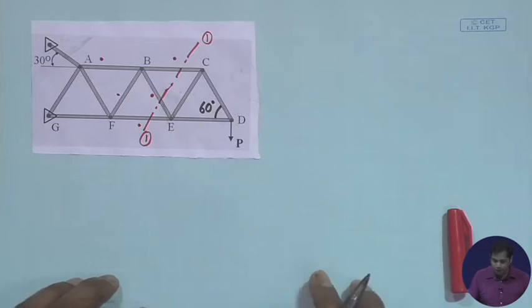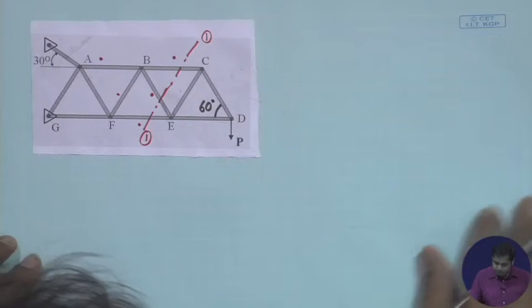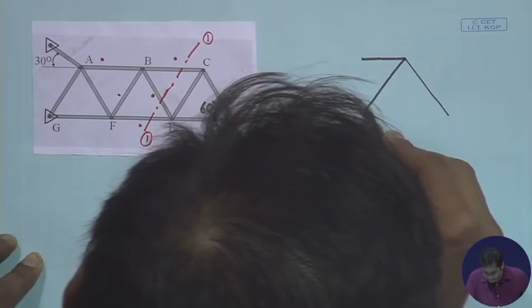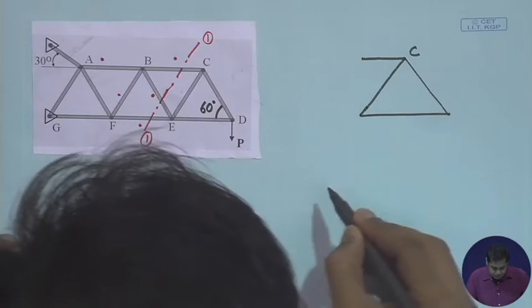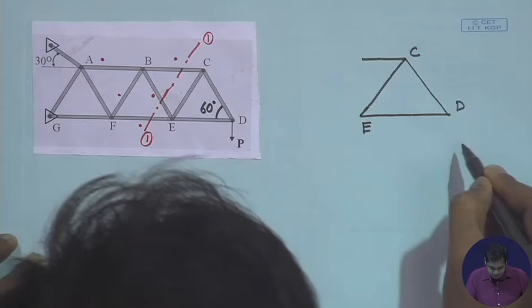Let's first draw this part. The free body diagram will be, say, this is joint C, this is joint E, this is joint D.